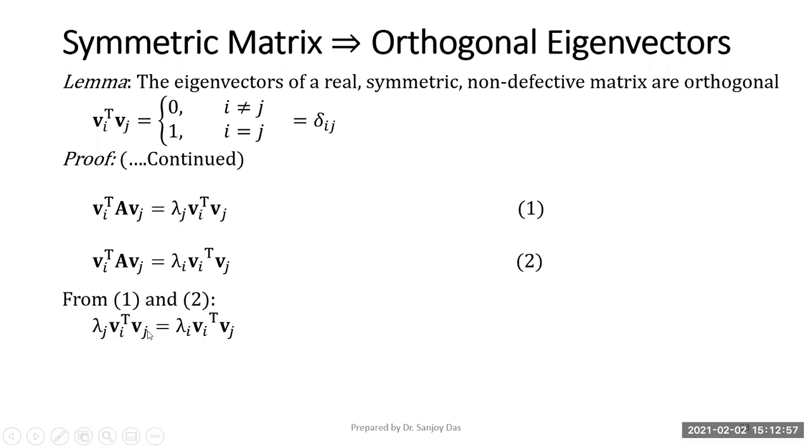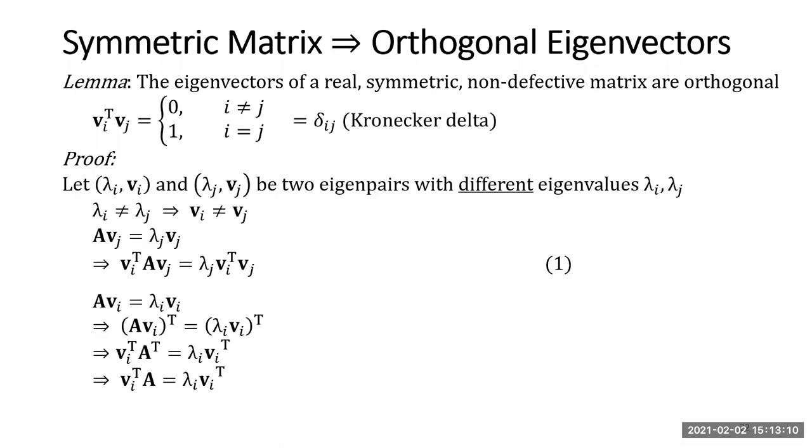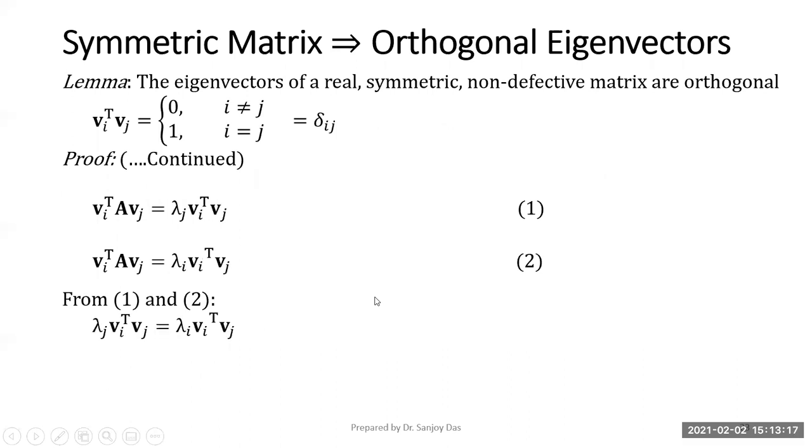We assume that lambda j is not equal to lambda i. This was our assumption. So what can we infer?